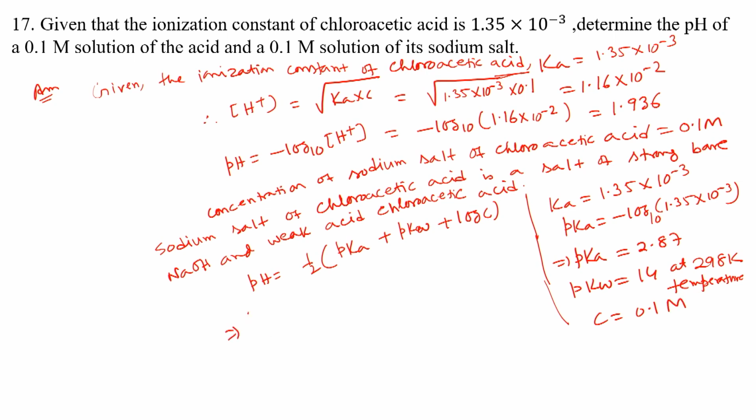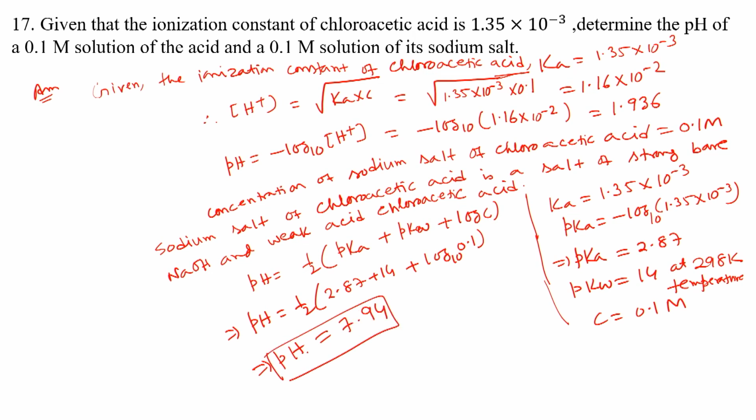So pH is half, value of pKa is 2.87 plus 14, and then we get log 0.1. This is base 10 again. So we get pH is 7.94. So this is the pH of the sodium salt of chloroacetic acid having concentration 0.1 mole.